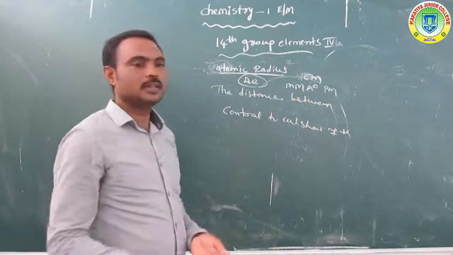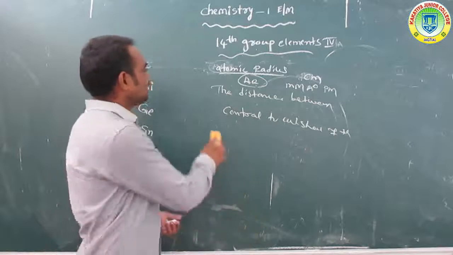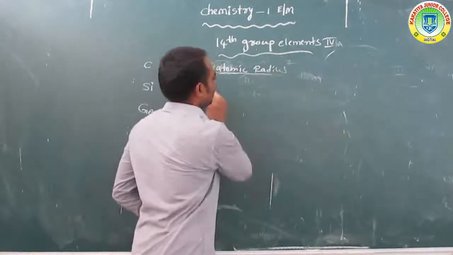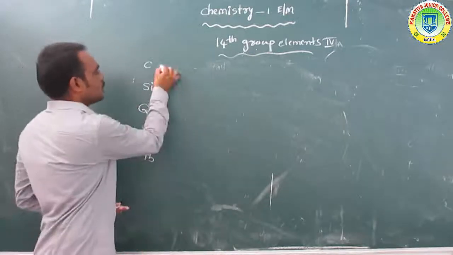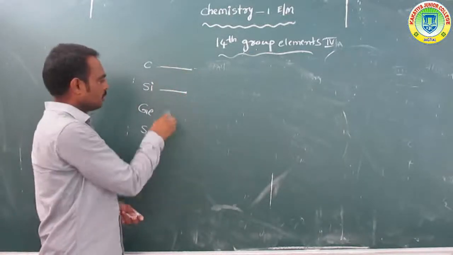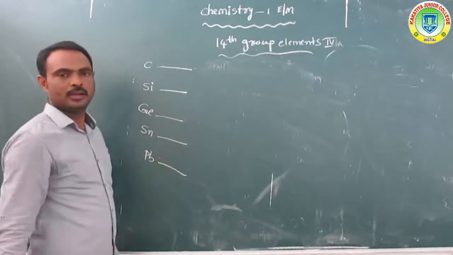Okay, so that is the atomic radius. What is the change of atomic radius in this group? Suppose carbon, silicon, germanium, tin, lead.